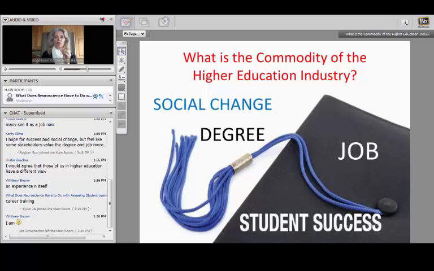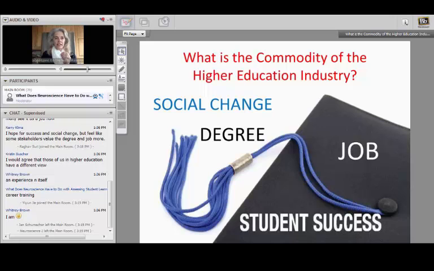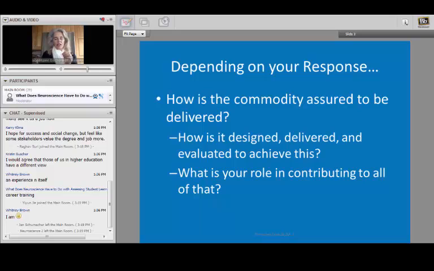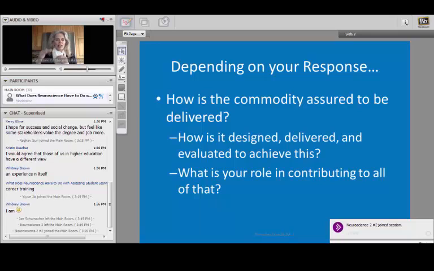These are our performance-based funding indicators. And the challenge here is that when we think about it at this high level, and then we go backwards to design, if you will, and think about how is it that we're designing and delivering and evaluating this, it becomes quite disconnected.